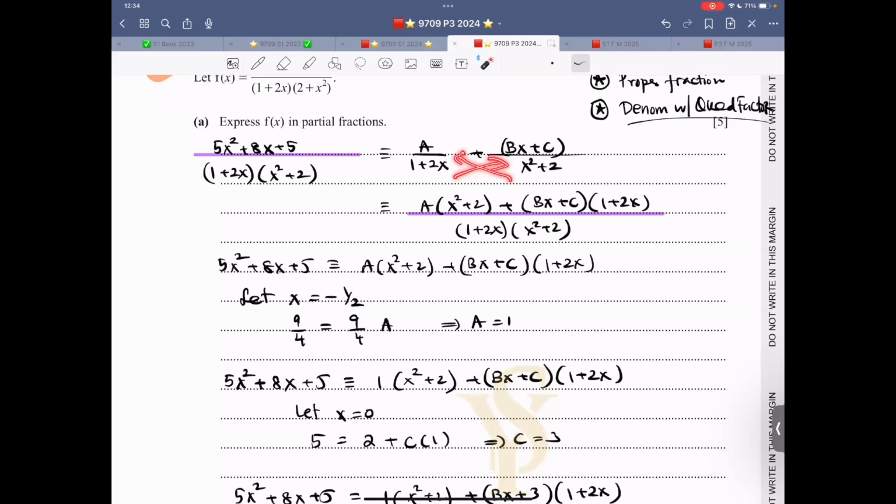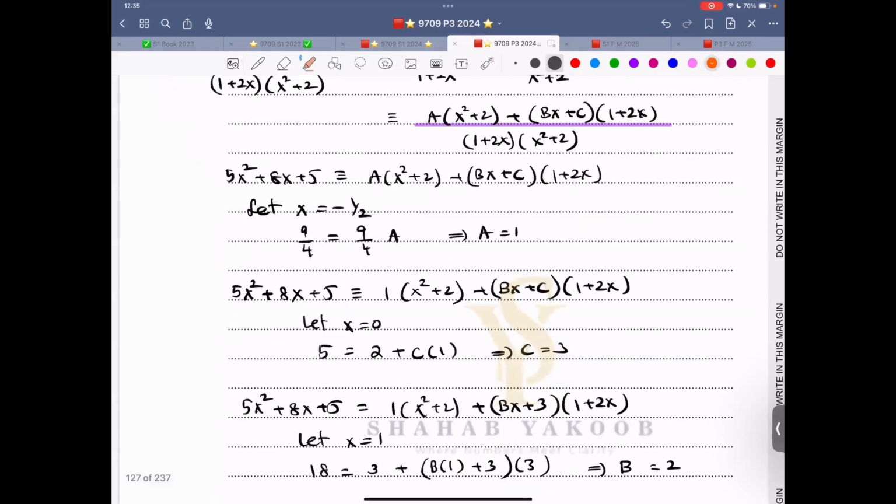Cross multiply like this, that is taking the LCM, and equate the numerator to the numerator. In quadratic, we always start with x equals negative half. We want to get rid of two constants at one time. So we make this thing 0 by taking x equals negative half. This one will disappear, and we will find the value of a.